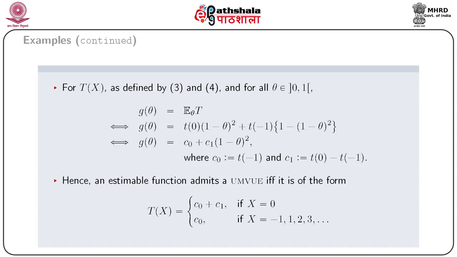Hence, an estimable function g(theta) will have the UMVUE if it is of the form g(theta) equals c1 into (1 minus theta) whole square plus c0, and the UMVUE of g(theta) is given by T(x) equals c0 plus c1 if x equals 0, and it equals c0 if x equals minus 1, 1, 2 up to infinity.